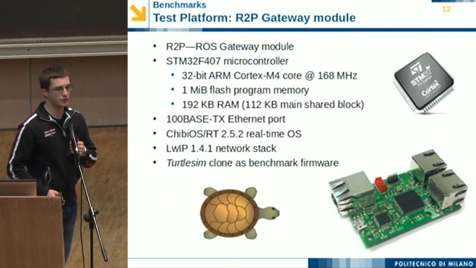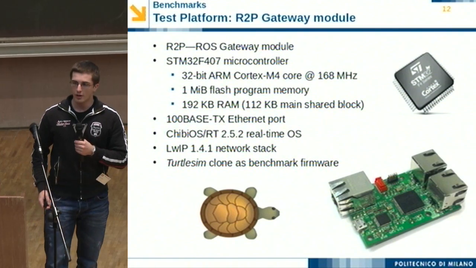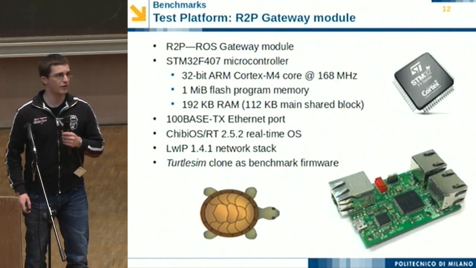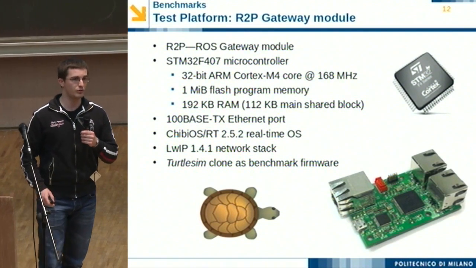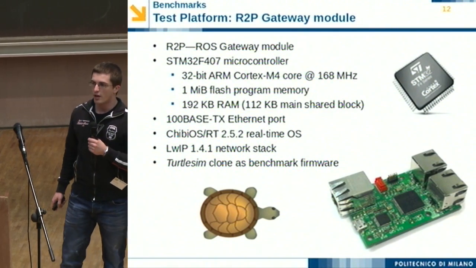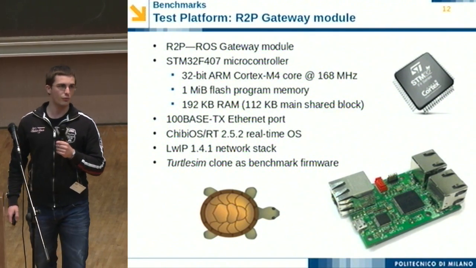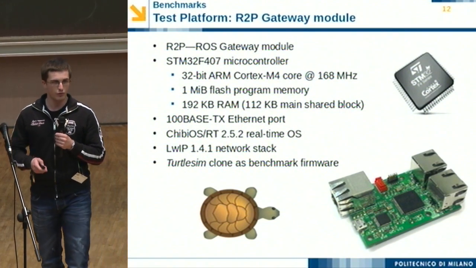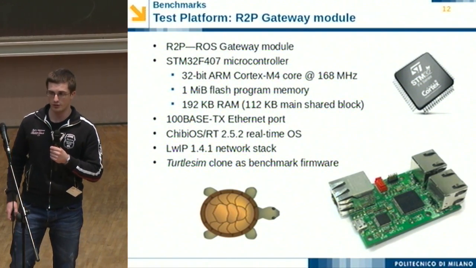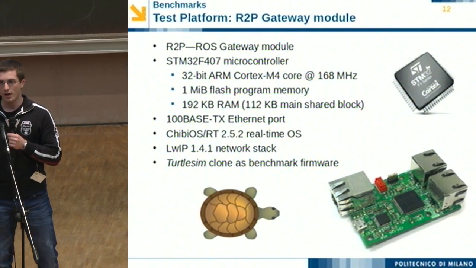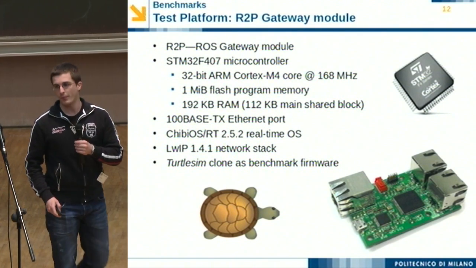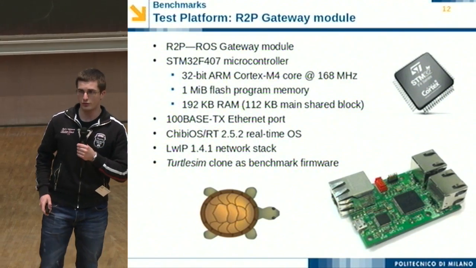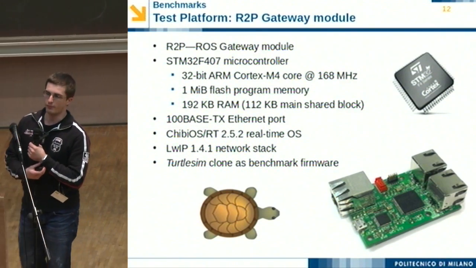Also 192 kilobytes of RAM. It mounts a fast Ethernet port, which is used to interface to the ROS network. And as operating system, we chose ChibiOS/RT because it's very easy to build a new application based on it for a new firmware, and the lwIP network stack for the management of the TCP/IP streams.